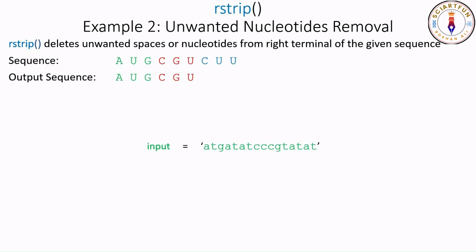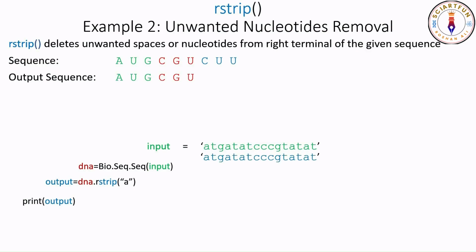This is the second example. Here, we remove A from the right terminal.